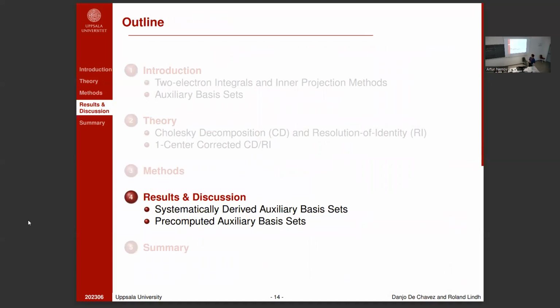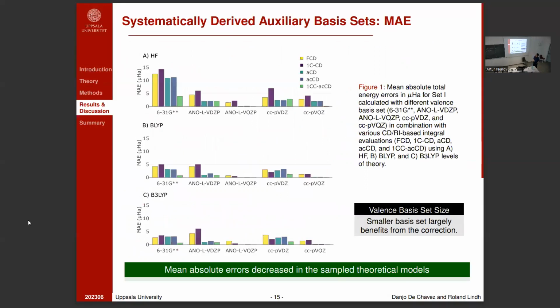So for the results and discussion, I will start separately with the type of auxiliary basis set. First, we dive into the systematically derived ones, for which I use the 6-31G, ANO type, and the Dunning type basis sets. You could start with the known values, wherein 1C-CD has a higher error with respect to FCD, which is of course a higher approximation since it's using one-center blocks only.